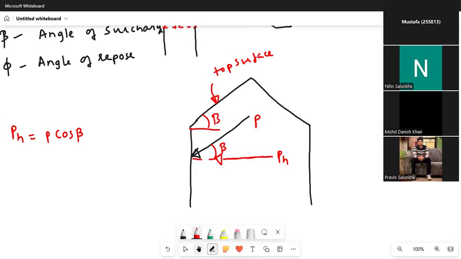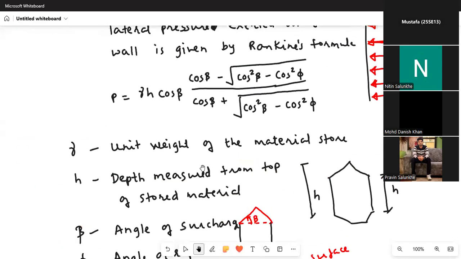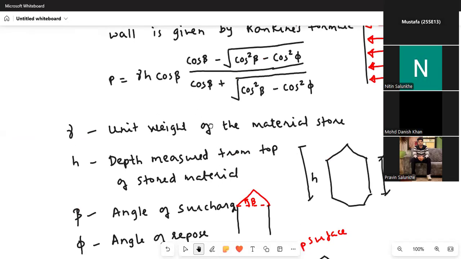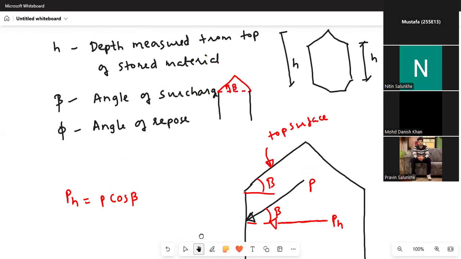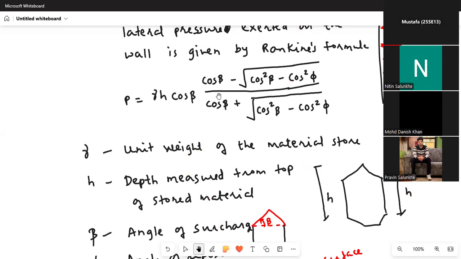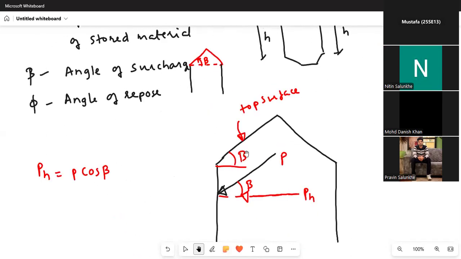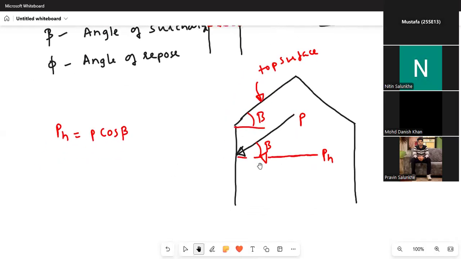Already you have seen it from the Rankine's formula. This is your small p from the Rankine's formula. And we don't want P. P is acting parallel to the top surface. We want pH, that is perpendicular to the vertical side wall. Okay.